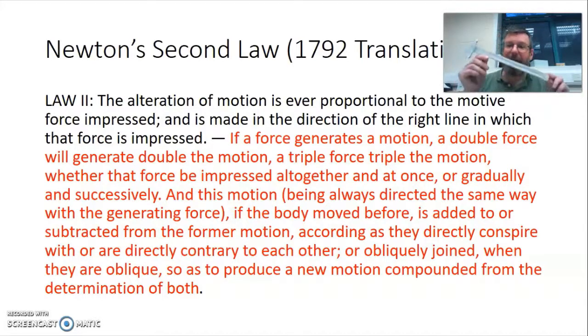And so I can use the little prop here that I've been using in lectures to indicate a vector. And the net result of a combination of forces is the vector sum of those forces. I take this as being a kind of cry for help through the centuries from Newton, saying he wished he'd known about vectors when he was doing this, and he wouldn't have to use this convoluted language.